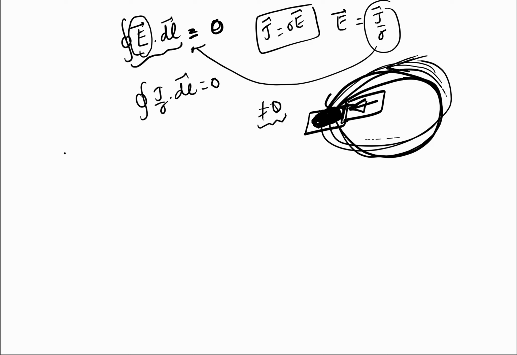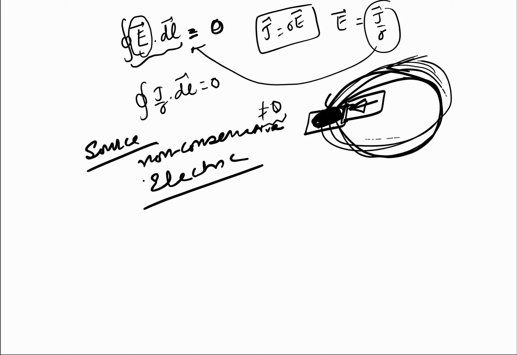So it implies there is some source which is going to create a non-conservative electric field, because it is going to push or force the charge carriers. So some source of non-conservative electric field should be there in the circuit to force a circulating current in the loop. Now let us try to see that in detail.